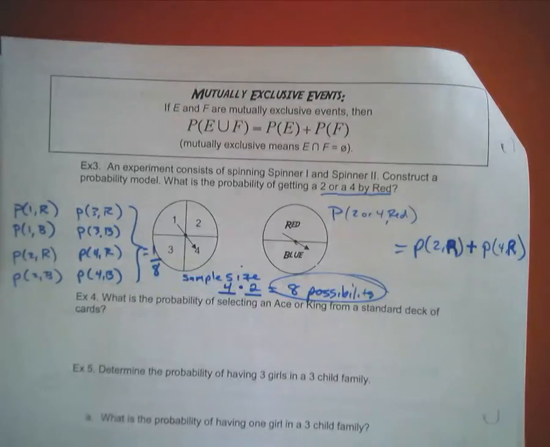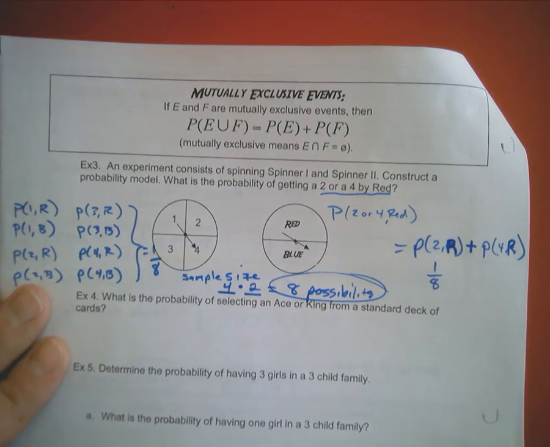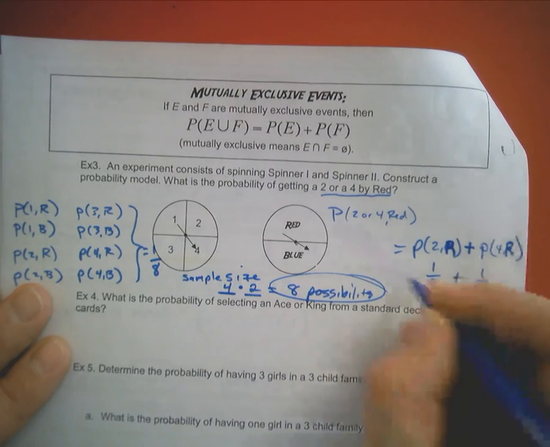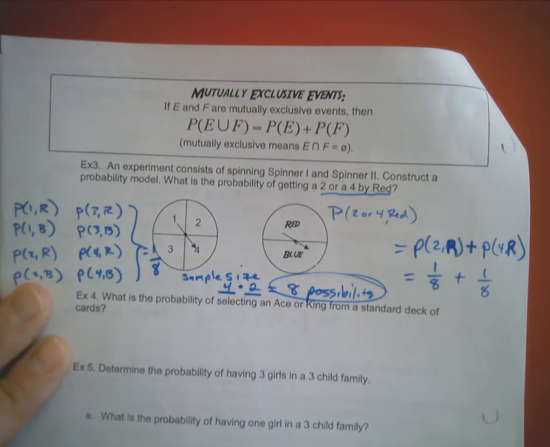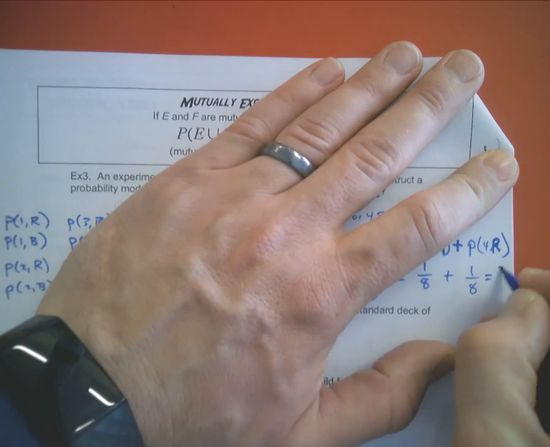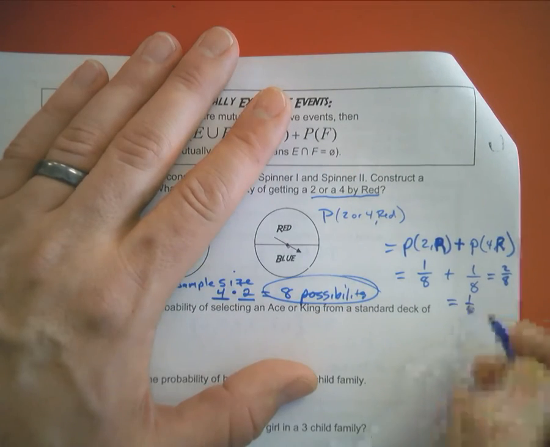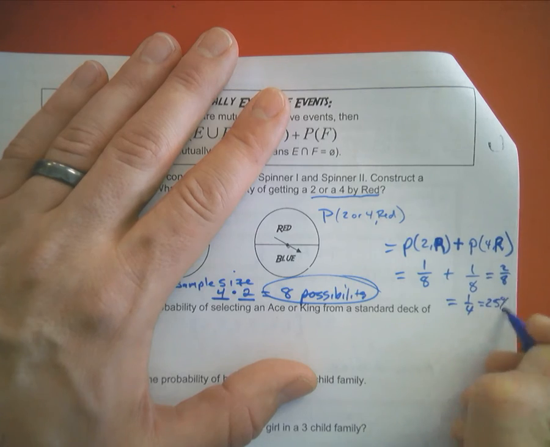The probability of a 2 red would be 1 out of 8, and the probability of a 4 red would be also 1 out of 8. Again, we just add those 2 fractions together. So 1/8 plus 1/8, we know is 2/8, which we know reduces down to 1/4 or 25%.